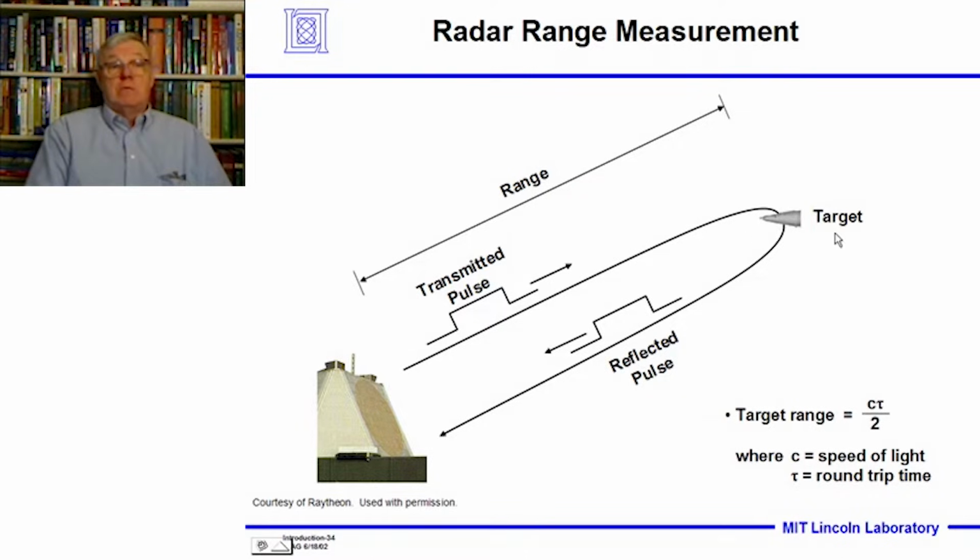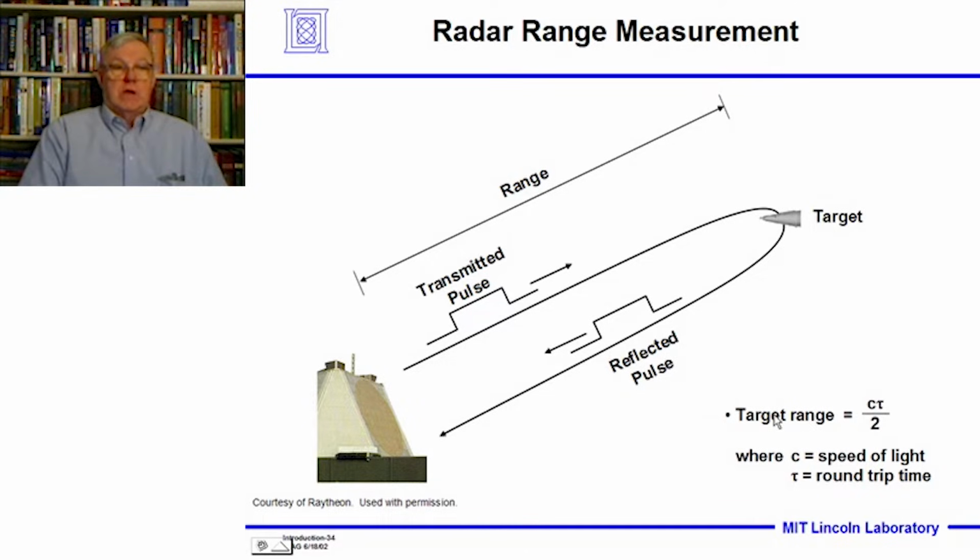And the pulse goes out and back at the speed of light, so that's its speed. And so we know that the range is the velocity times the time. But the distance that the pulse goes out and back is twice the range to the target because it's got to go out and then back. So there's a factor of 2 here.